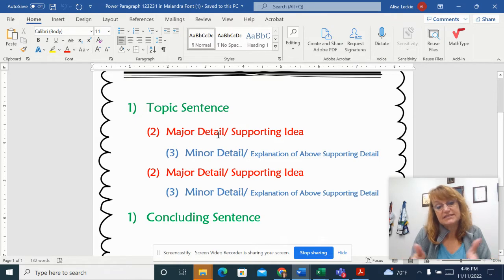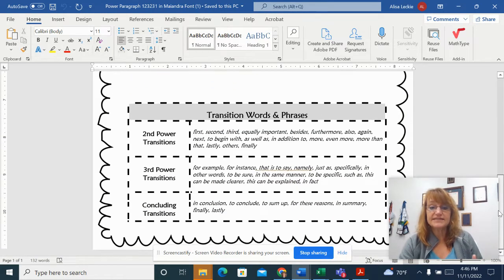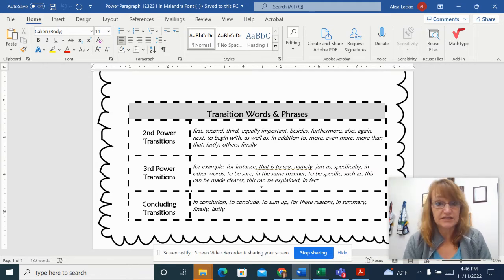So this is a simpler form of the power paragraph that you can also use with students instead of the more expanded version. This document also has a more expanded list of transitions that you might want to include and put on the poster. Both of these documents are Word documents, so edit and utilize them as you feel the need to make them align with your students.